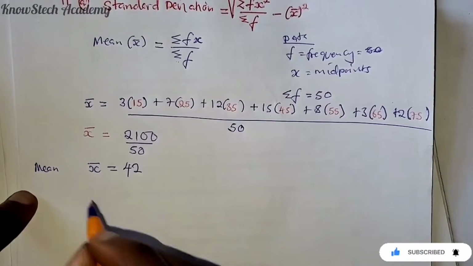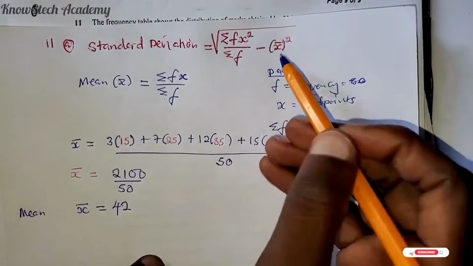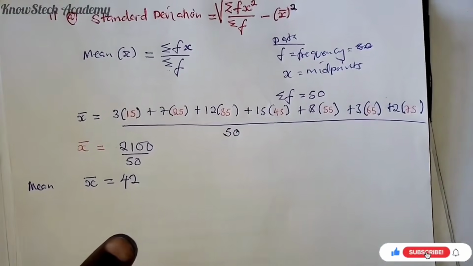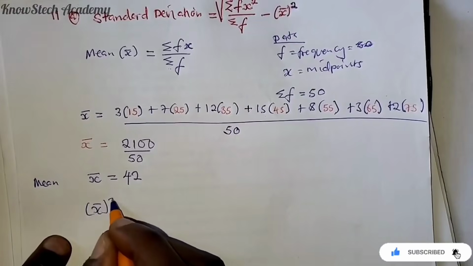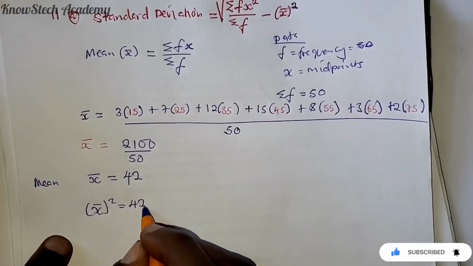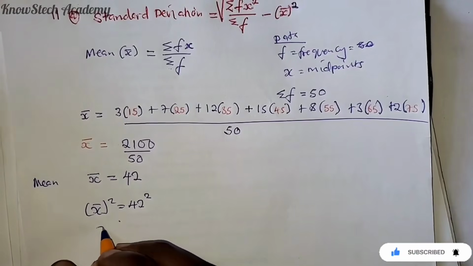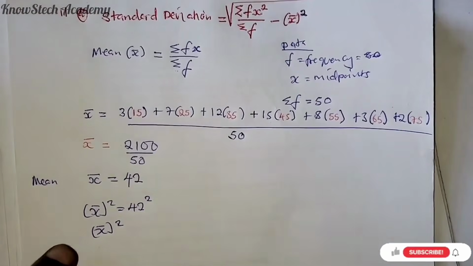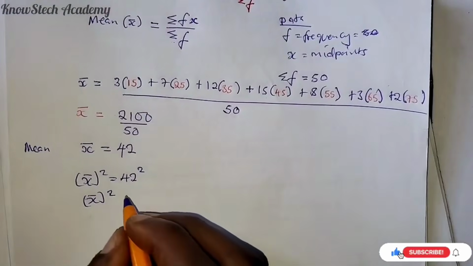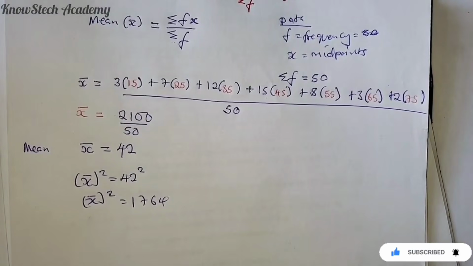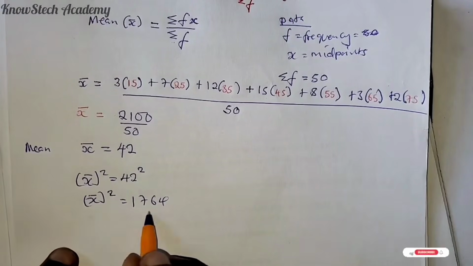When you look at the formula, there is a square here, so we can also write mean squared, of which we're going to square this 42. 42 squared, which is x bar squared, is giving me 1764. So this is this part here.